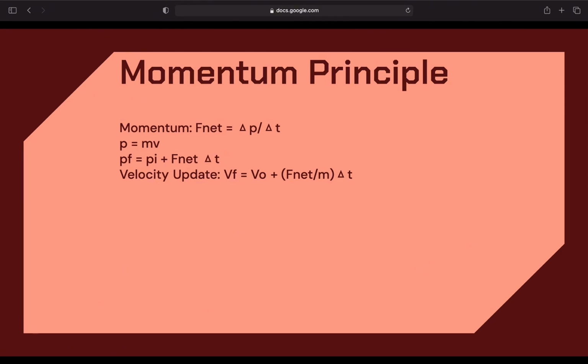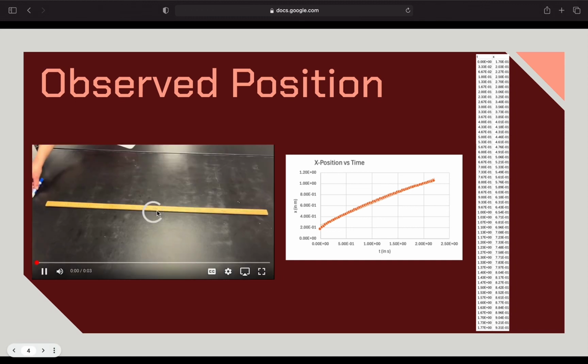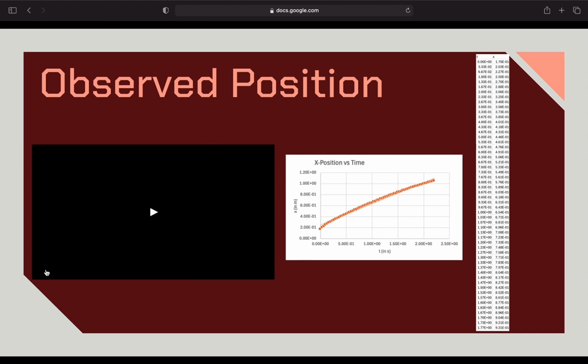For the observed position, we can see here in our experiment a video of the expo marker. When we graph this, we have the x position versus time. We will be ignoring the change in the y coordinates because it is almost negligible.